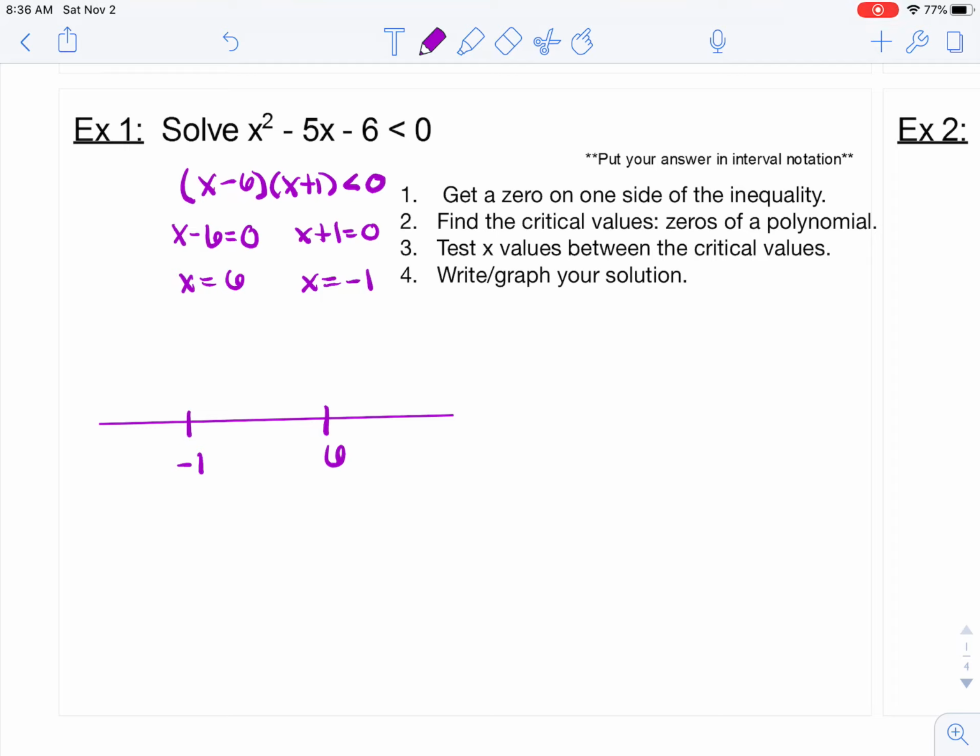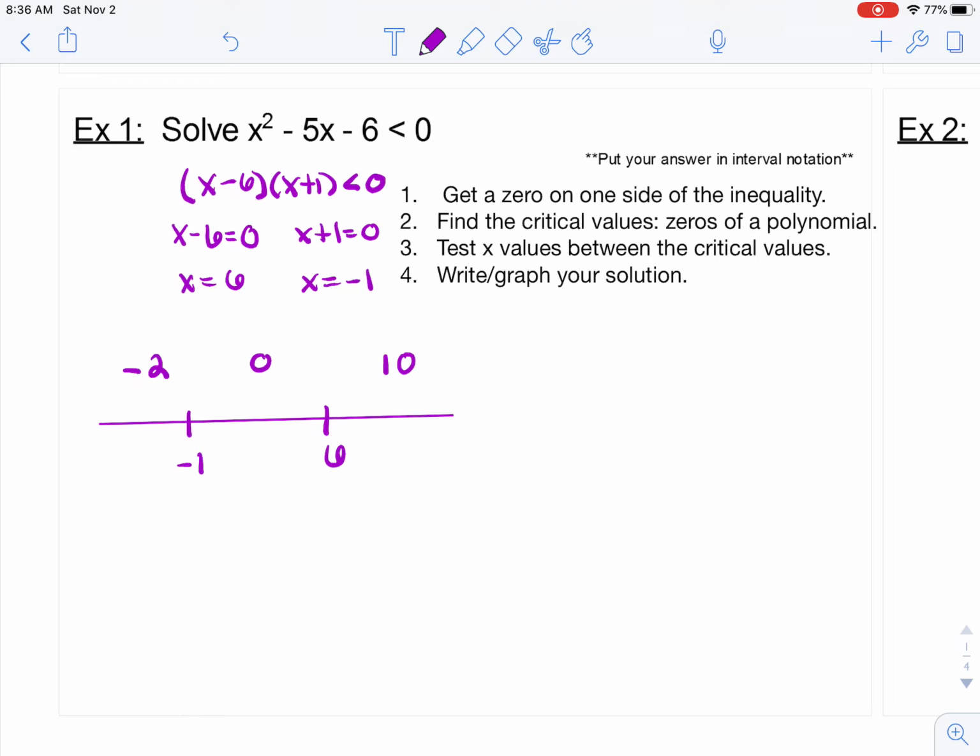So I'm just going to pick some test values. I'm going to pick something to the left of negative 1, so let's test negative 2. Something in between negative 1 and 6, let's pick 0. And something to the right of 6, so let's pick something like 10. All we're trying to figure out is if those intervals are positive or negative. So you don't actually have to fully calculate.